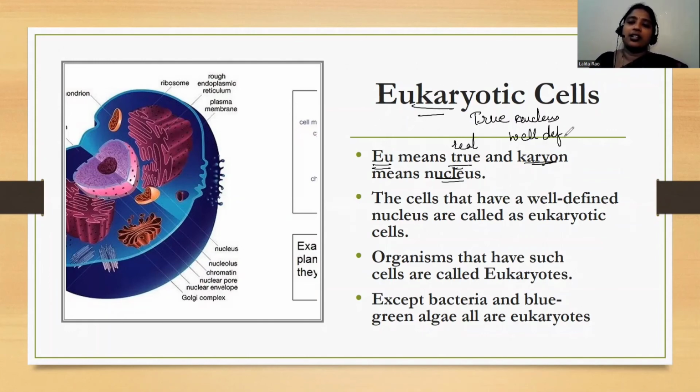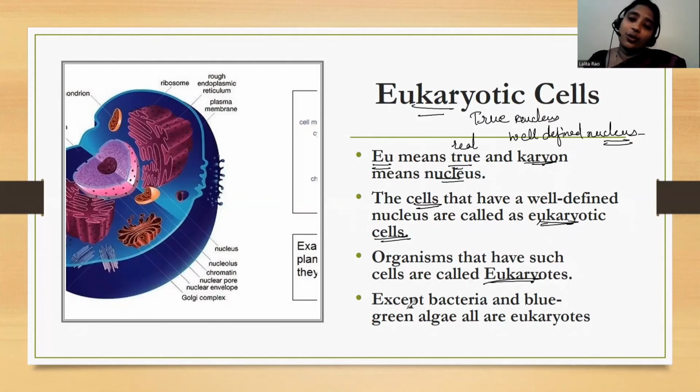If the organisms have a well-defined nucleus, they are known as eukaryotes, and the cells which have a well-defined nucleus are known as eukaryotic cells.